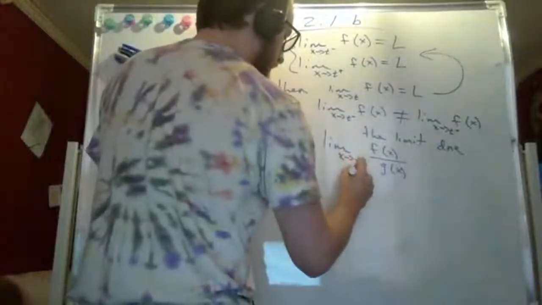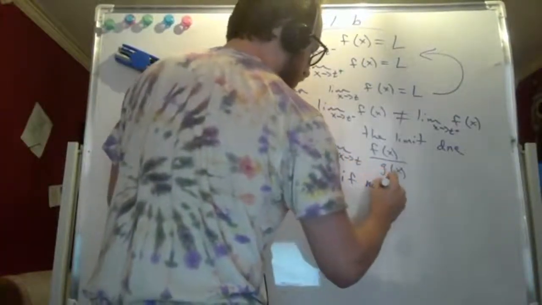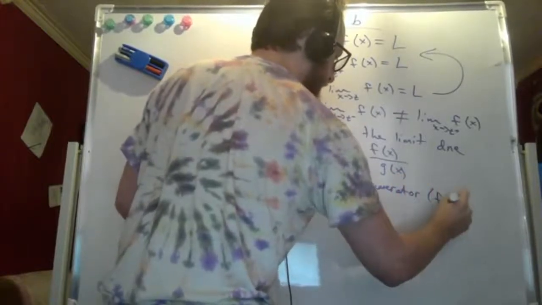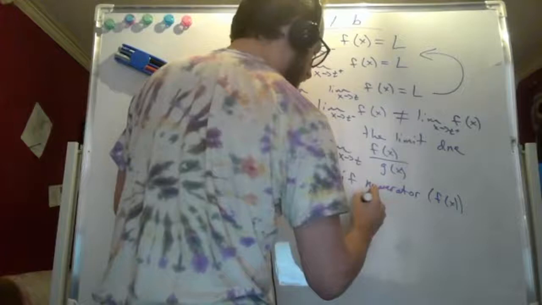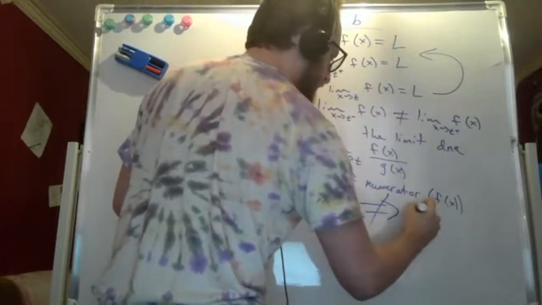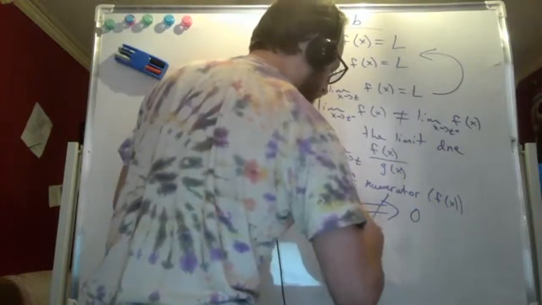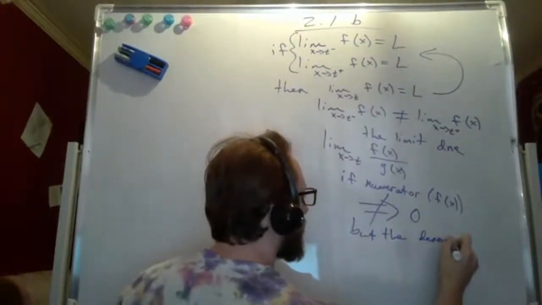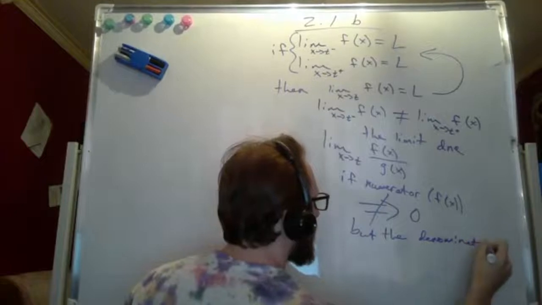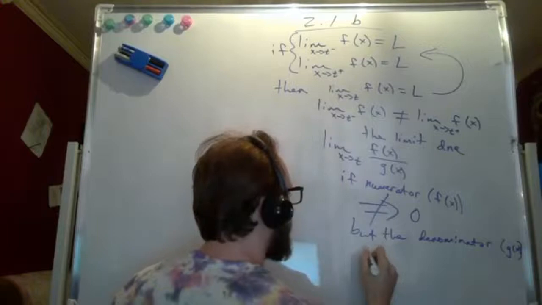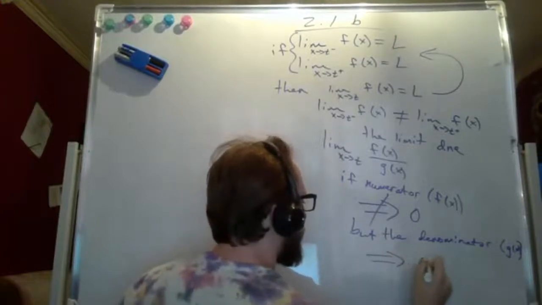if the numerator, which in this case is f of x, does not go to 0, but the denominator, which in this case is g of x, does go to 0.